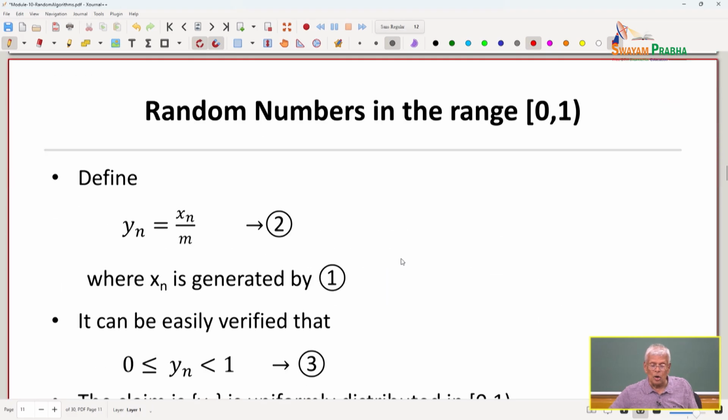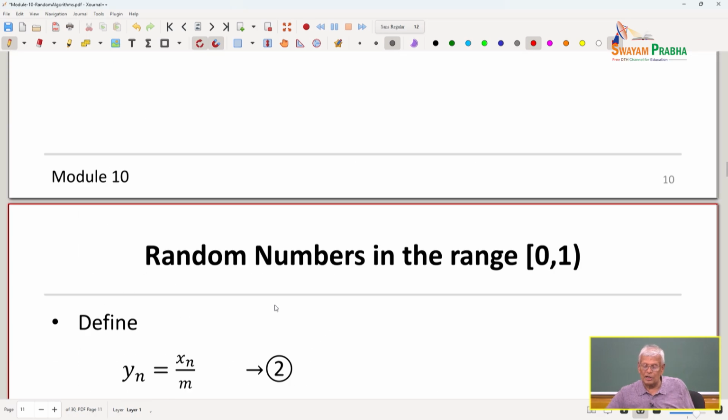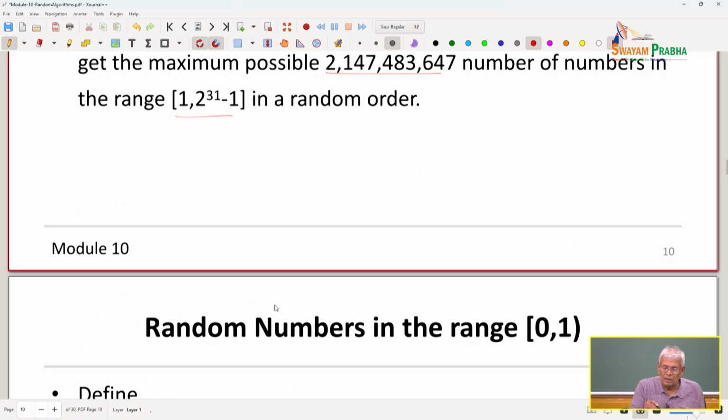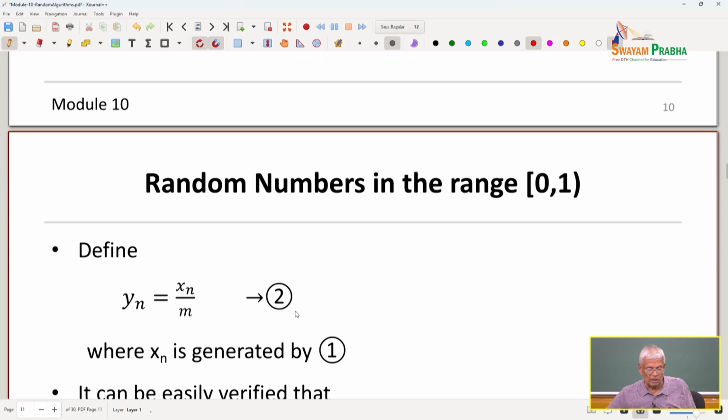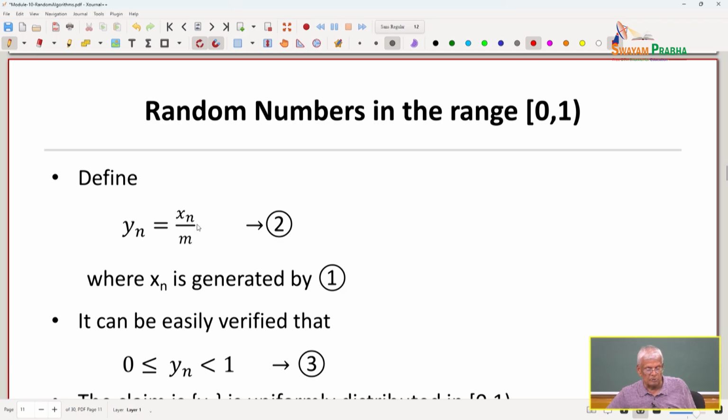So once I know how to compute random integers, m is the maximum value. Please understand all the numbers are going to be in between 0 and 2 to the power of 31 minus 1. M is 2 to the power of 31, the modulo. Therefore, yn equals xn by m is a fraction. This fraction can be 0, but is always strictly less than 1.